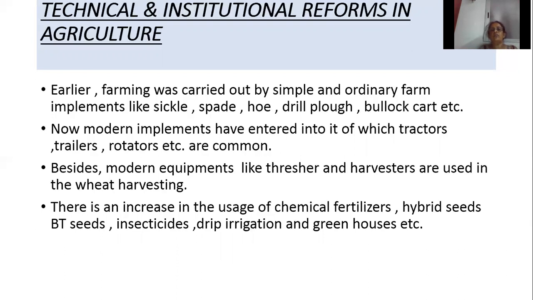And farmers are also making use of chemical fertilizers, hybrid seeds, BT seeds, insecticides, drip irrigation, greenhouses, etc.